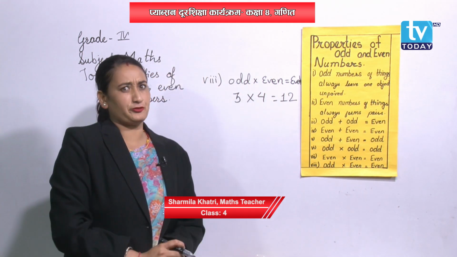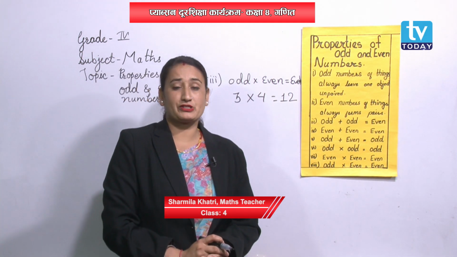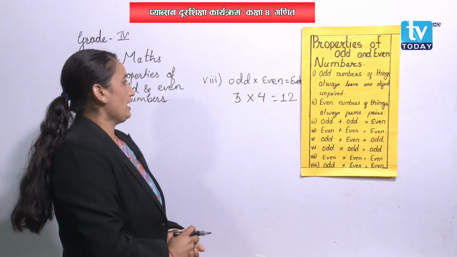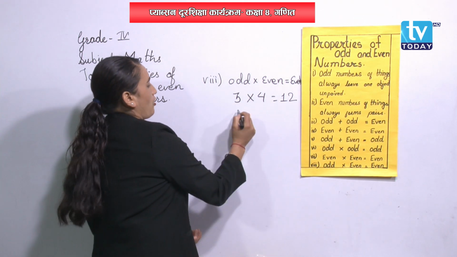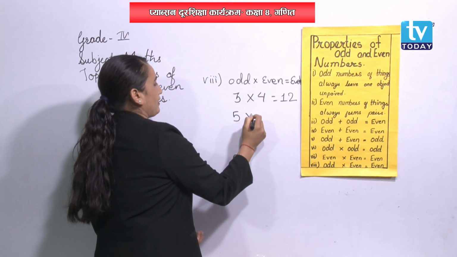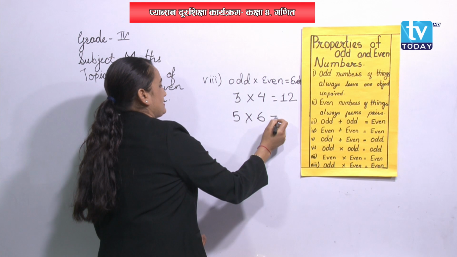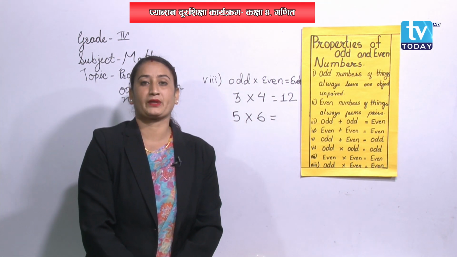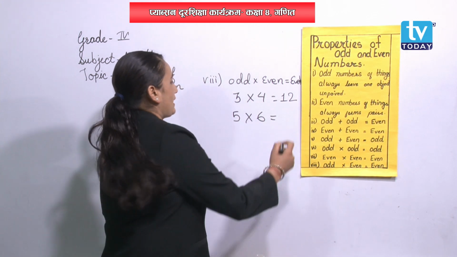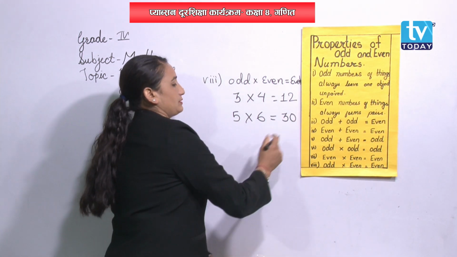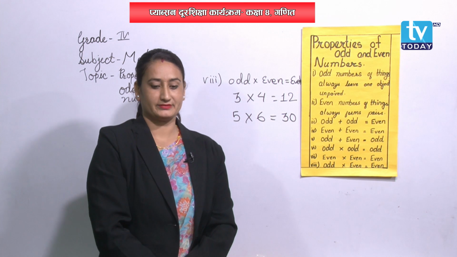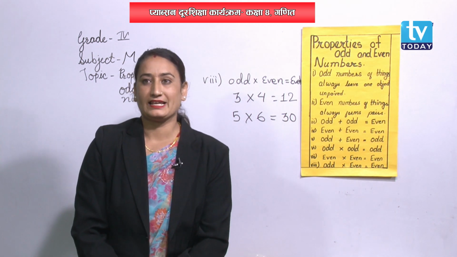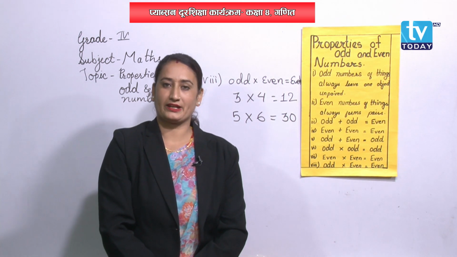Okay, now let's check with another question also. If the odd number is 5 and the even number is 6, then what will be the answer? 5 times 6 is 30, and is 30 an even or odd number? Tell me, students. It's an even number, right?